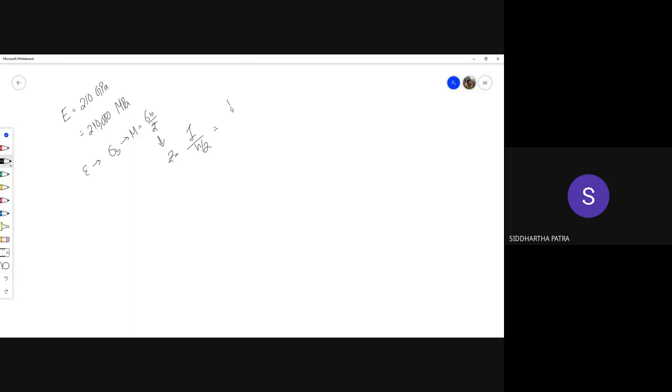For a rectangle, it is 1 by 12 b h cubed, divided by h by 2, so it is basically 1 by 6 b h squared for a rectangular cross section. And this of course is E times epsilon.